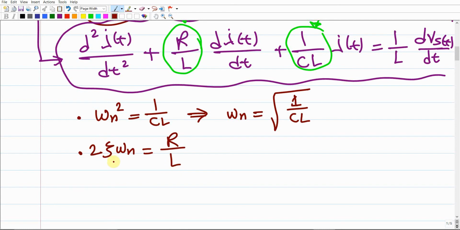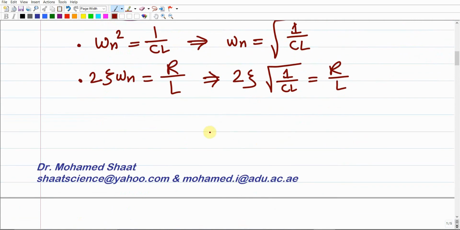So if I ask you how much is xi, because we already found a value for omega n, simply we can write 2 xi times the square root of 1 over CL equals R over L. Make sense? Then what? If you just do cross multiplication or solve this equation for xi, we shall end up with a specific value for xi, which should be in this form.